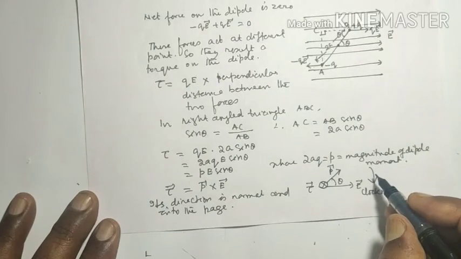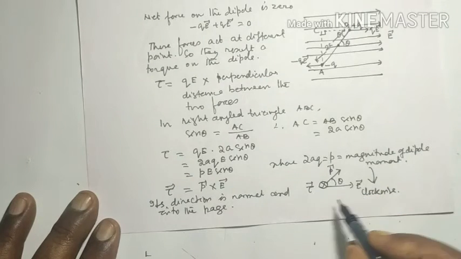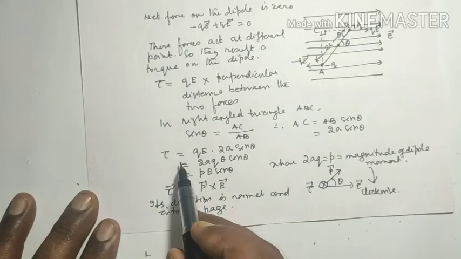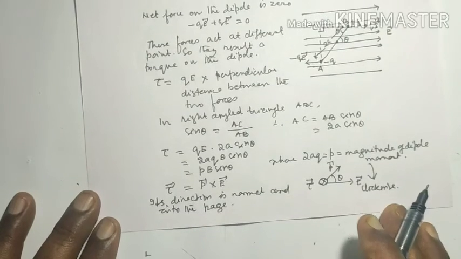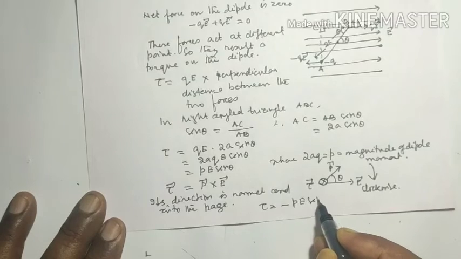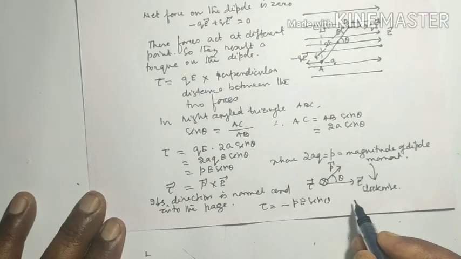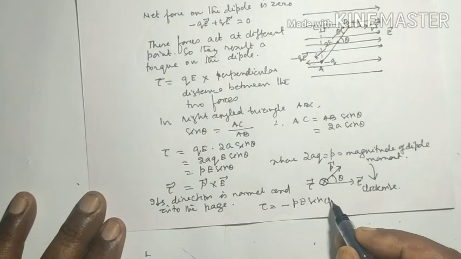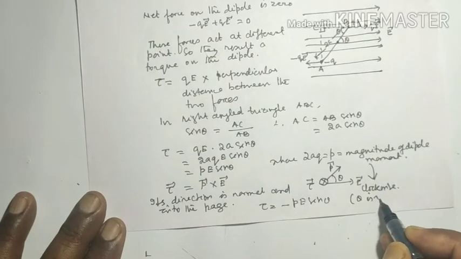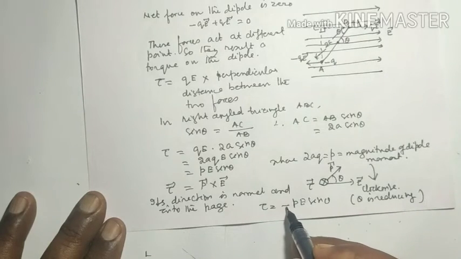We can represent a torque that gives rise to clockwise rotation by including a minus sign for the magnitude tau equal to pE sin theta. We can use tau equal to minus pE sin theta, because here the rotation is clockwise, theta is reducing. So that is why we use the negative sign.